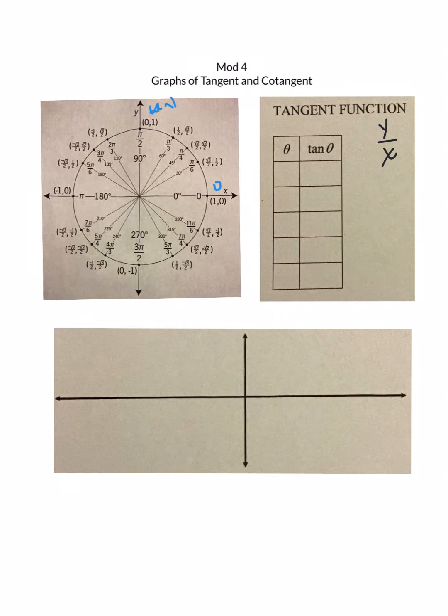If we come down to 3 pi over 2, or going down, call it negative pi over 2, and do y over x, we would also have undefined. So in order to graph the tangent function, we're going to look at just the first quadrant and the fourth quadrant.